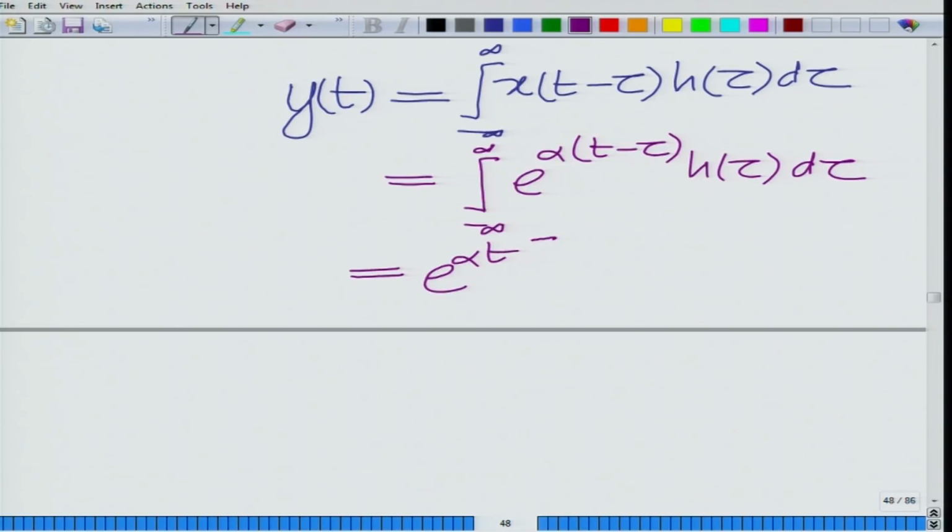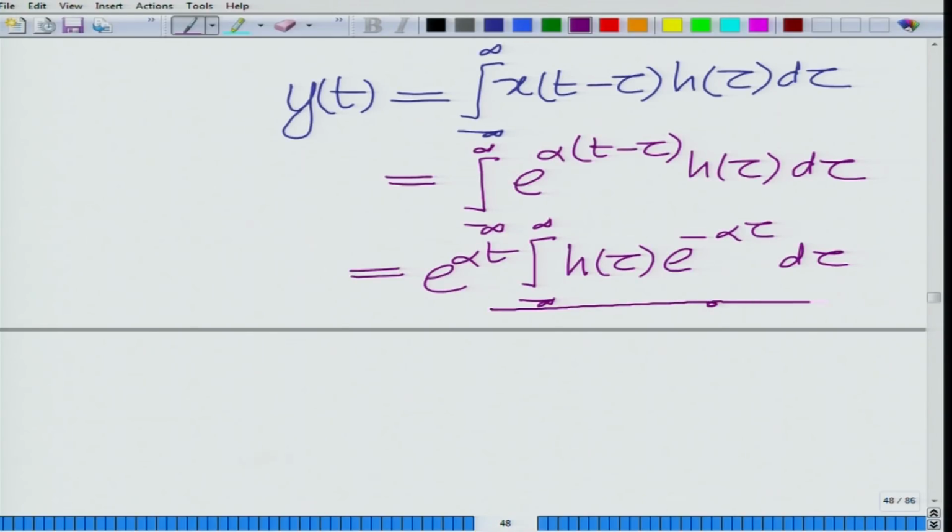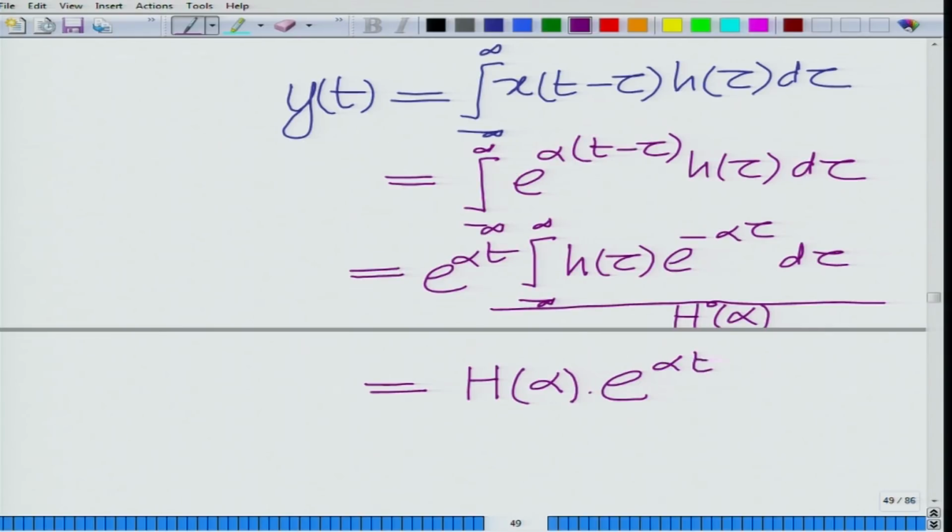So, this is e power alpha t times the integral from minus infinity to infinity of h of tau e power minus alpha tau d tau. Now, if you denote this integral by capital H of alpha, it depends only on the impulse response h of t and the constant alpha. So, this is H of alpha times e power alpha t.